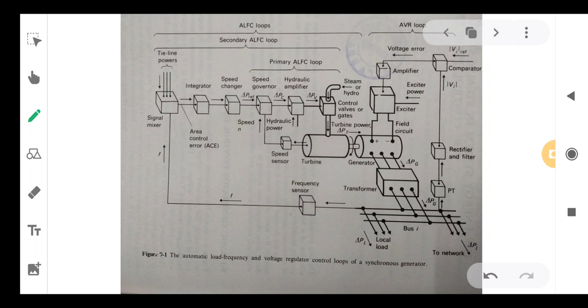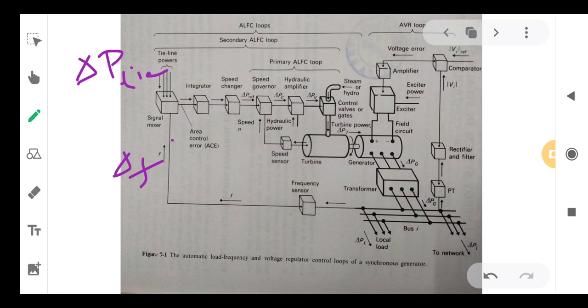Coming to the second loop of ALFC, you can look at this figure. The same thing is illustrated again. This frequency is sensed here, compared with the signal mixer here, tie line power, delta P tie. So, this is delta F, this is delta P tie.